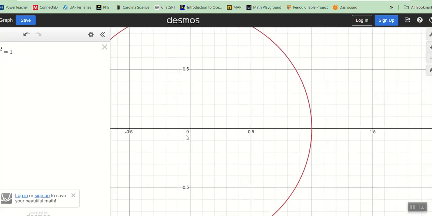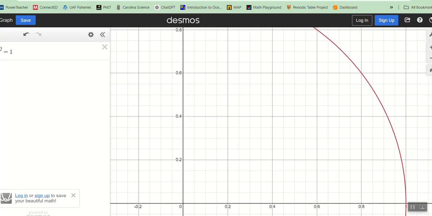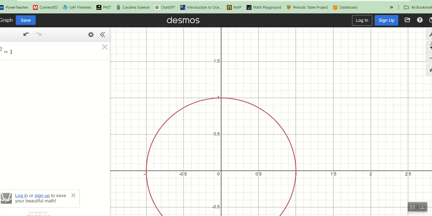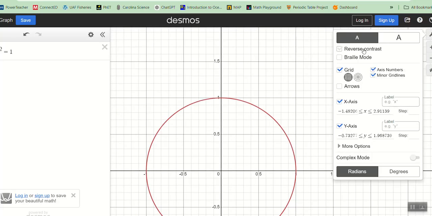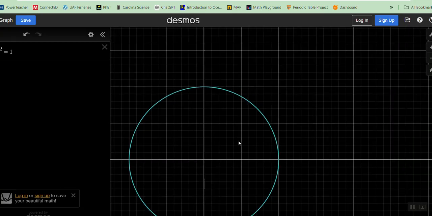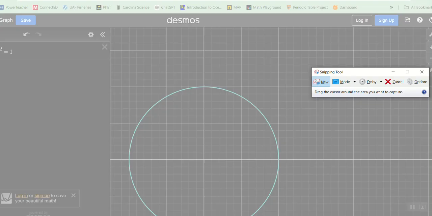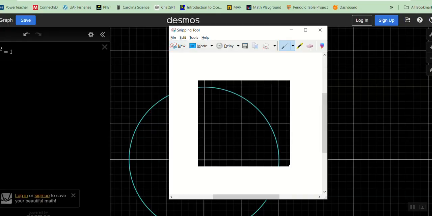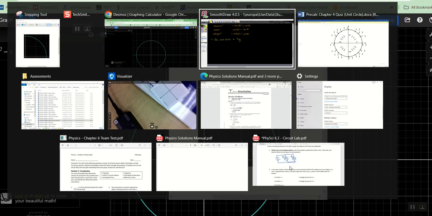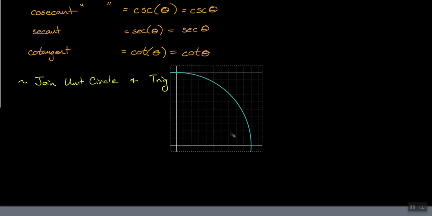This is all that I need. It is right here is what I'm going to copy and paste. I don't even need the numbers on it. I'll take them off. I'll change the contrast. Only want quadrant 1. And I'm always going to make my angles a little bit bigger than they really are because I like the space to write it. Okay. Here's quadrant 1 of the unit circle. Come on, be big. Big enough.